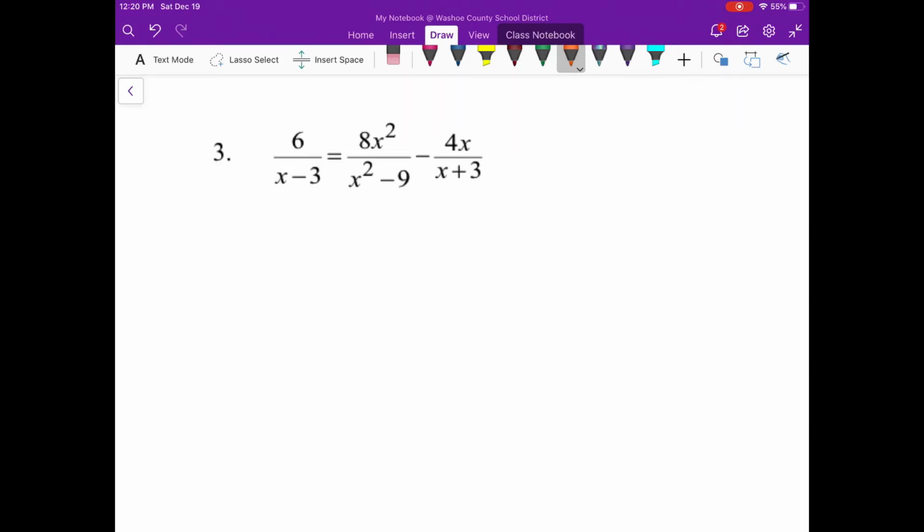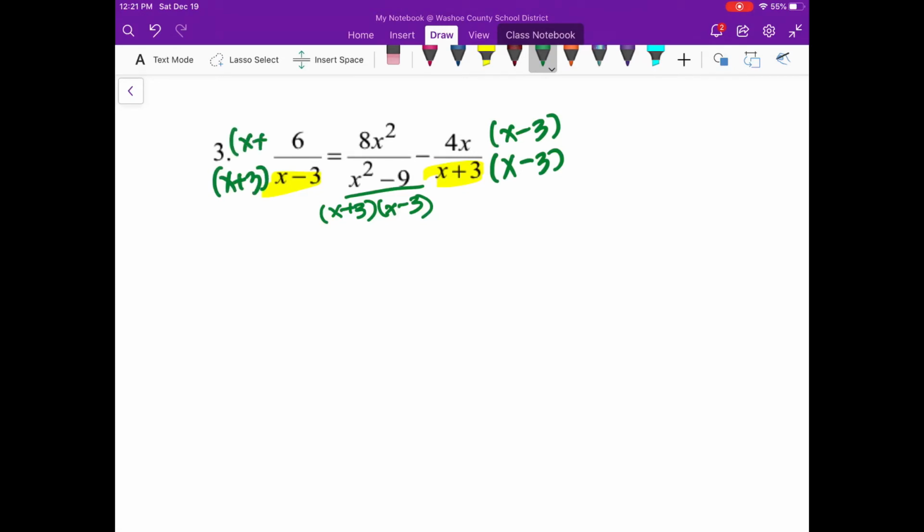So here we have one that we did just like right at the beginning, where our denominators, this one's an x minus 3, this one's an x plus 3, but this one actually factors out to x plus 3, x minus 3. So then you just have to make sure that you are multiplying by whatever it's missing, right? So this is an x minus 3, and this one's an x plus 3 that it's missing.